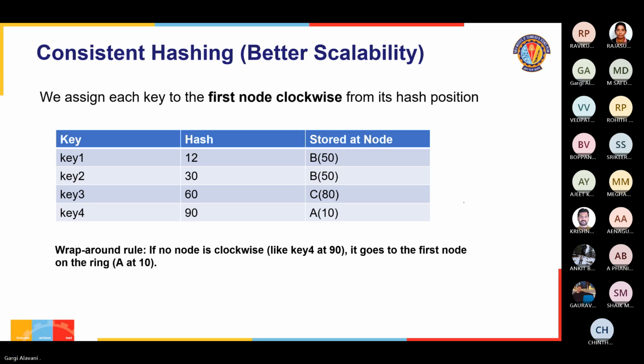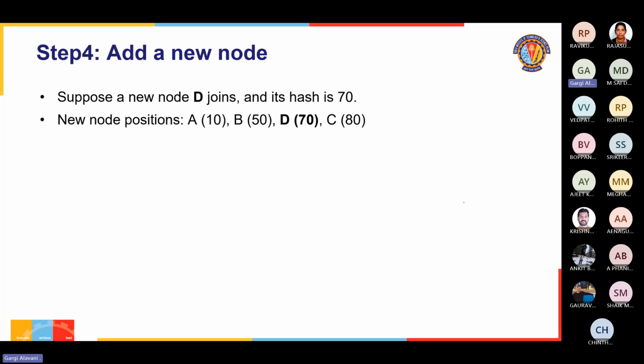So now what happens if you have a new node D and its hash is 70? In that case, it will again get placed. Here we had 80, here we had 50, so 10.